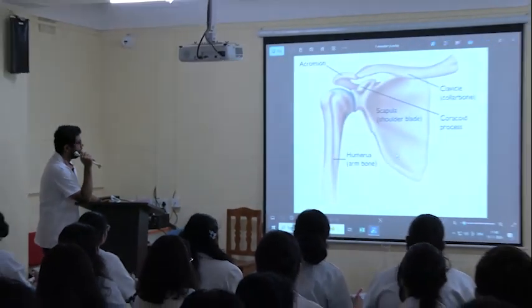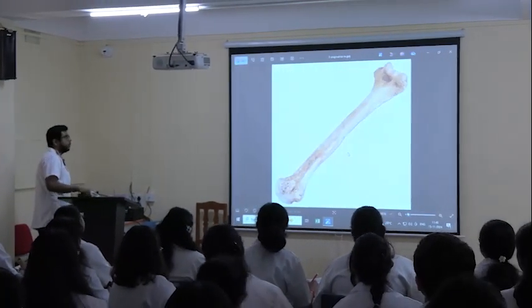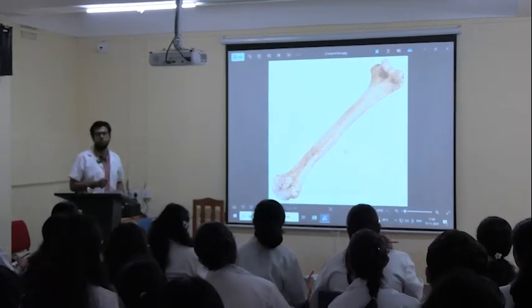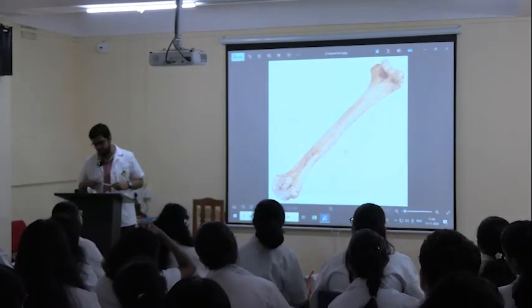For side determination, you need to tell them, sir, this is the head of the humerus, this part. Okay, let me show you what you need. Okay, tell me what are the bones forming the shoulder joint.